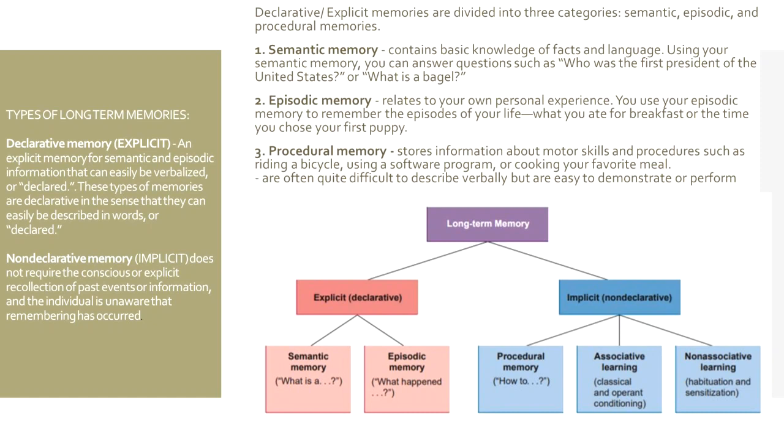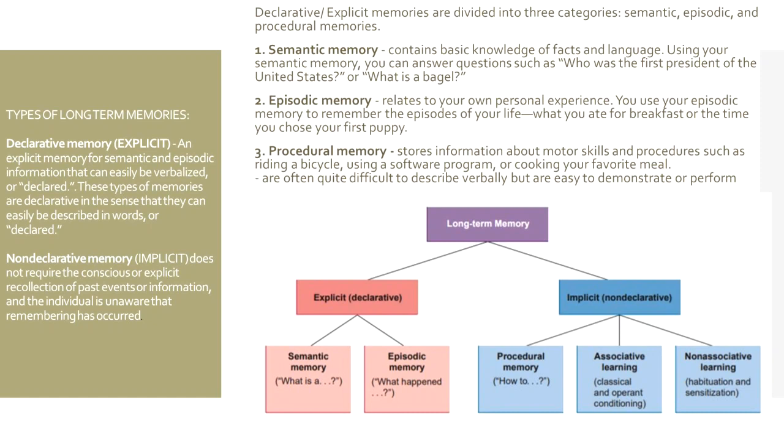In an implicit way. Meron kayong mare-remember, pero may pagka-vague siya, hindi siya klarong-klaro, or you cannot describe it into words, no? That is the non-declarative or implicit memory. So, yun yung dalawang types ng long-term memory.